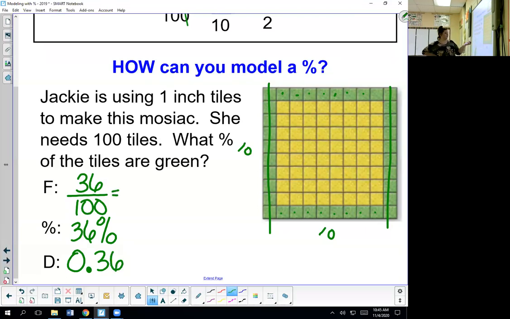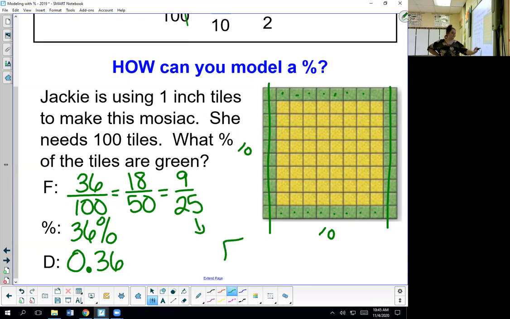Now, you also need to make sure that it is simplified. So this I could cut in half. I could cut this in half. But then I could cut it in half again, 25 and 9. And then how did I get to this conclusion of 36 hundredths, like 0.36? You could also divide this. You have options to get here.